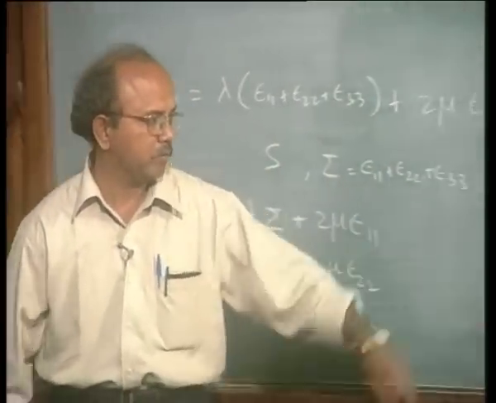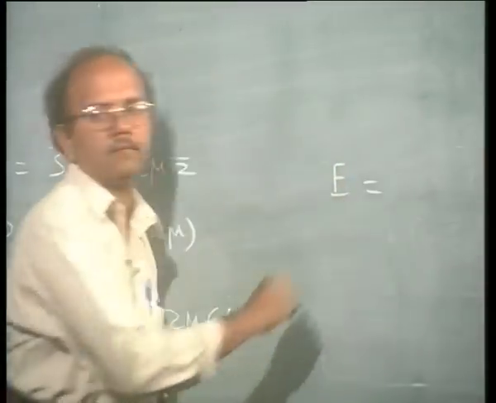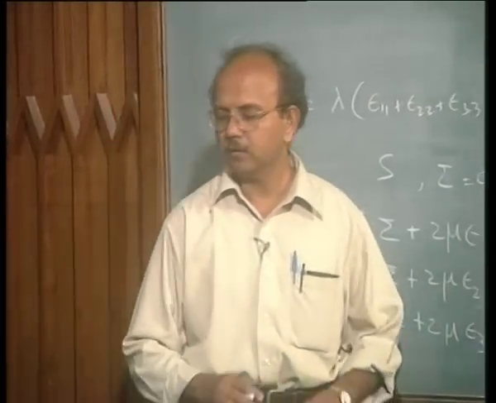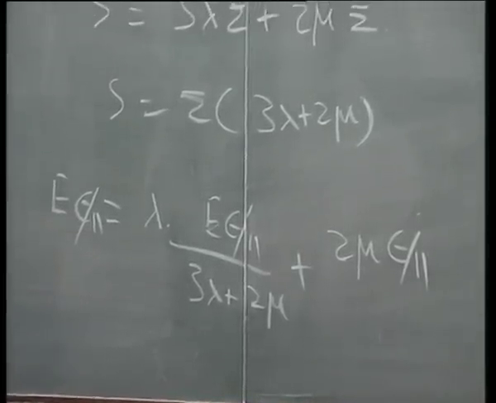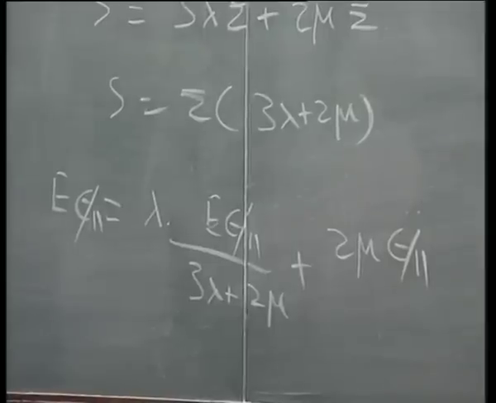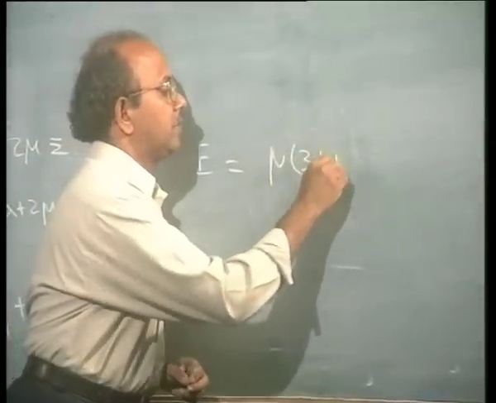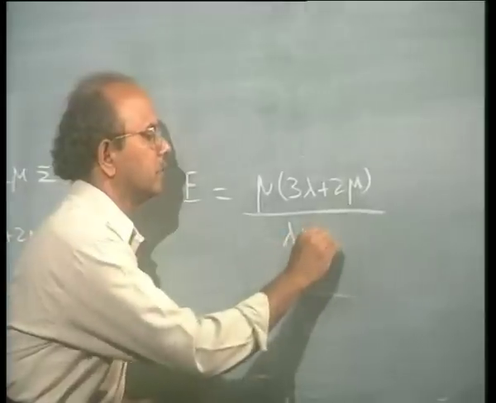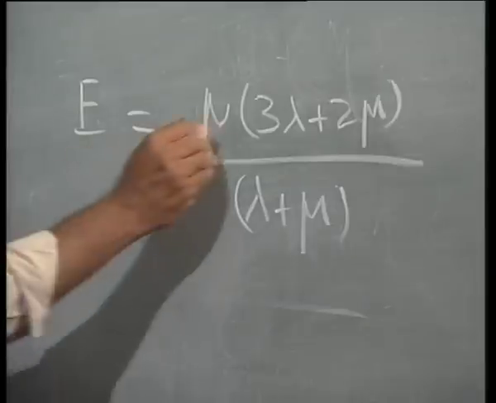Look at that equation, work it out and tell me what is the result for E. Is it mu by lambda plus mu or, yeah, mu into 3 lambda plus 2 mu divided by lambda plus mu. Beautiful. So we now see that there is a relationship between E and mu and lambda.